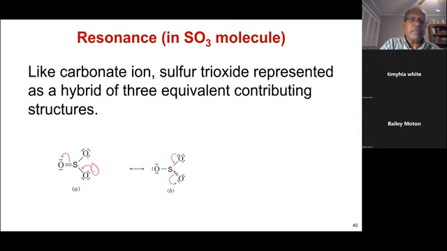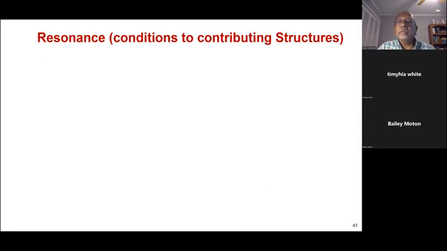Somehow there are 3 electron pairs here. The double bond is now in here. This is the second double bond. That's the third double bond. 3 different places. These 3 bonds in sulfur trioxide are equal. So therefore, resonance structures describe their properties.